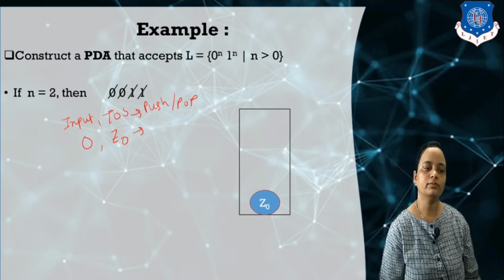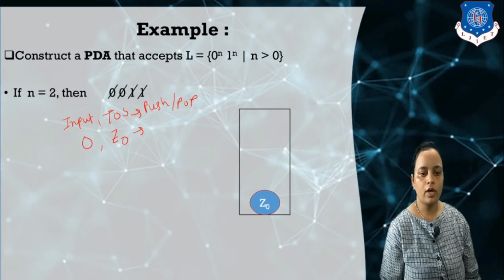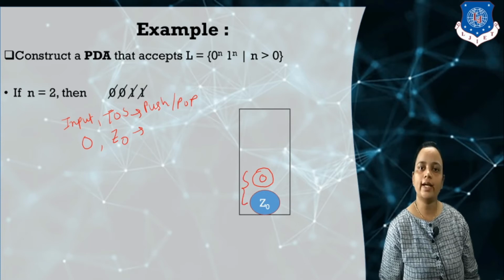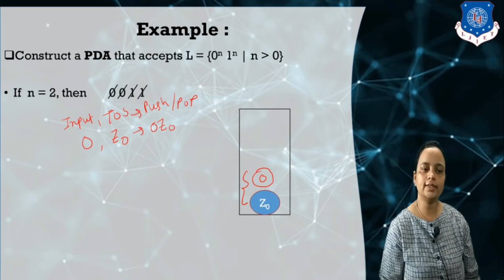For 0 we have to perform a push operation. So first insert the 0 on the stack. Now what does the stack contain in its top two symbols? 0 Z0, and we can write the shortcut 0 Z0 like this. This is called the push operation.